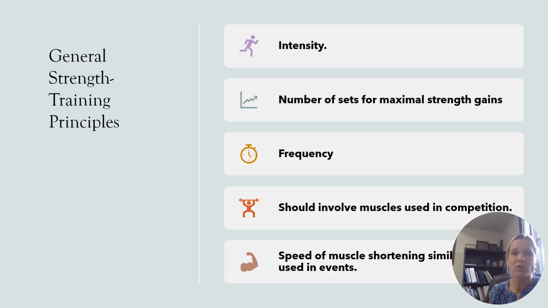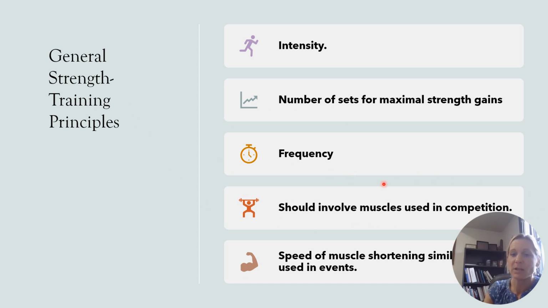Okay. So think about the general strength training principles that we need to consider. We need to consider the intensity at which we'd like to go, and the intensity will in part help us to understand the number of sets and reps that we need in order to be able to manage or hit those intensities. Frequency, how many days per week should I be doing this?